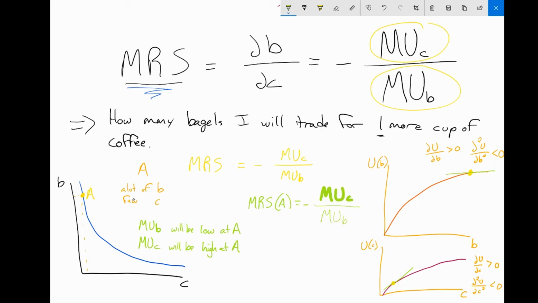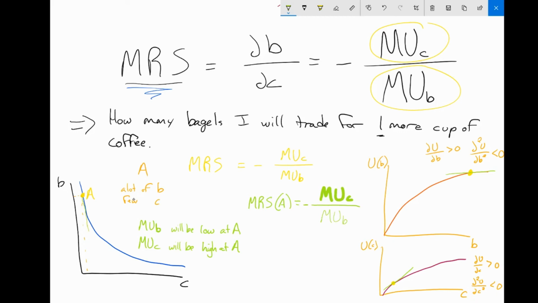What does that mean? That means this is going to be a large negative number. That means the magnitude of this number, the absolute value of this marginal rate of substitution, will be very high, and because it's negative, it's a large negative number. Well, that's pretty intuitive.